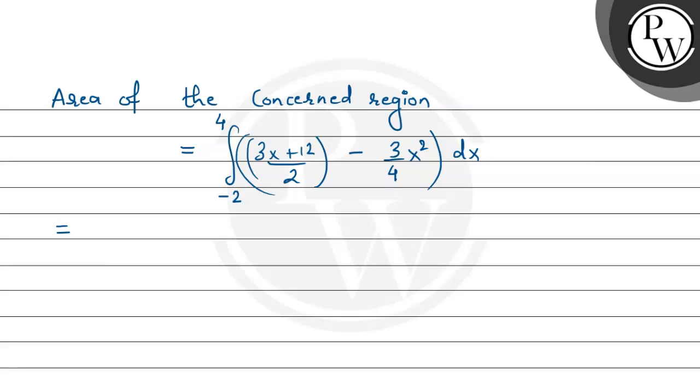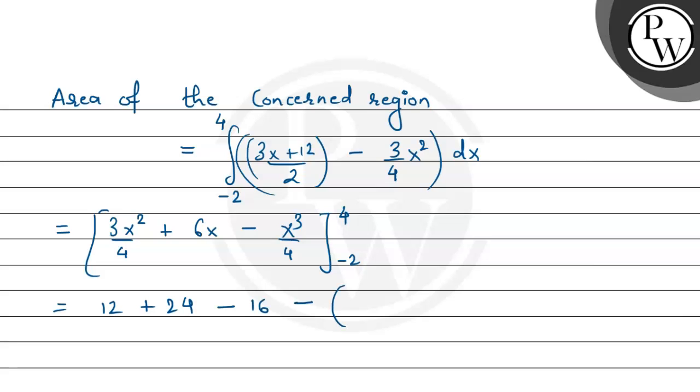तो simplify कर लेंगे. So here we have 3x squared by 4 plus 6 times x minus x cube by 4 over the limits -2 and 4. अपर लिमिट लगा लेंगे, आ जाएगा 12 प्लस 24 माइनस 16, माइनस लोअर लिमिट यूज़ करेंगे तो आ जाएगा 3 माइनस 12 plus 8 divided by 4, that is 2, and so final value turns out to be 27 square units.